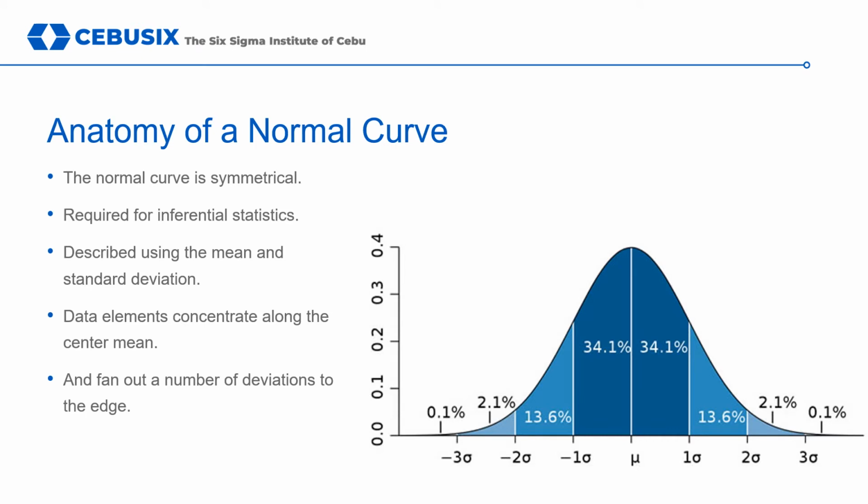The normal curve, when presented in graphical format or on a histogram, is typically symmetrical in nature. The data elements tend to concentrate along the center of the curve, with elements fanning out slowly on either side as the curve drops ever towards zero. While a visual inspection of data through graphical analysis can help determine if data might be normal, there are several continuous distribution curves that look a lot like a normal curve.